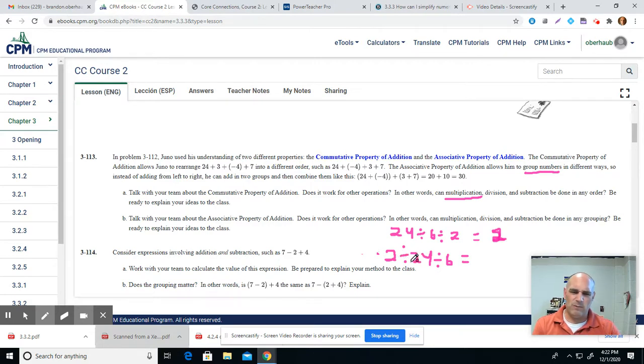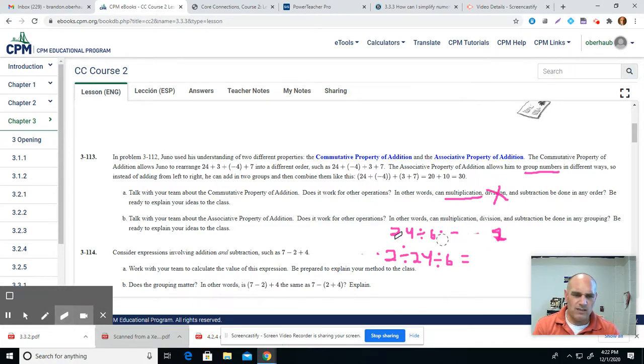So I take 2 and split it up into 24 pieces. 2 divided by 24 gives me a decimal, 0.08333 repeating forever. Then divide that by 6. It's not going to give me a 2. So with division, you cannot switch the order around and get the exact same thing. So division is not commutative.